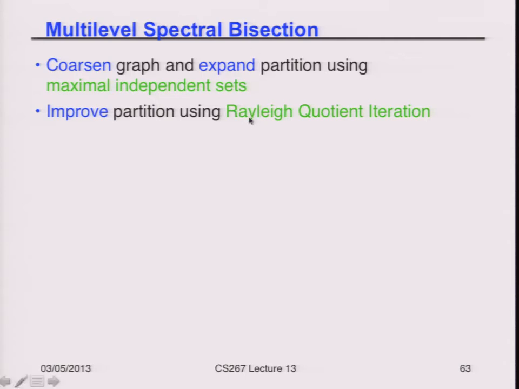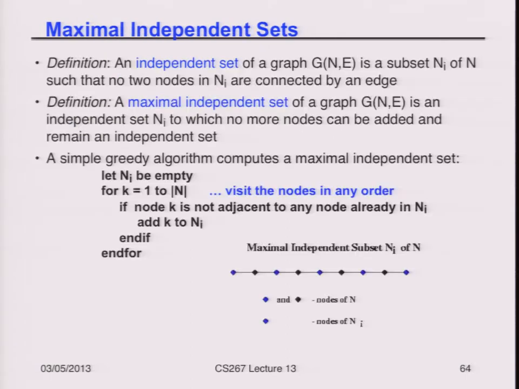So now let's talk about how you would do spectral bisection recursively. And I'm going to replace maximal matchings with maximal independent sets, a very similar idea. That means I need to get an approximate eigenvector from the coarse problem to the fine problem. There's a well-known linear algebra algorithm called Rayleigh quotient iteration, which iteratively improves eigenvectors, that I'll tell you about. So let me define a maximal independent set.